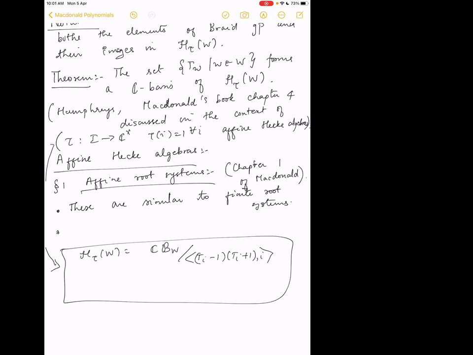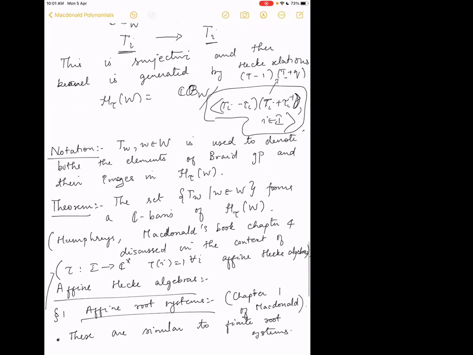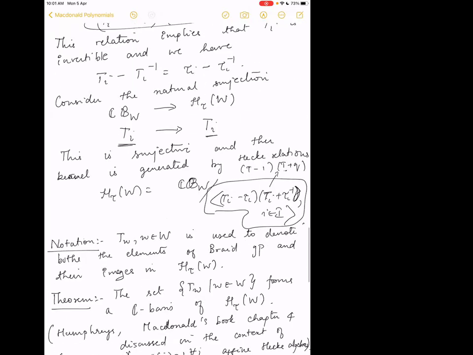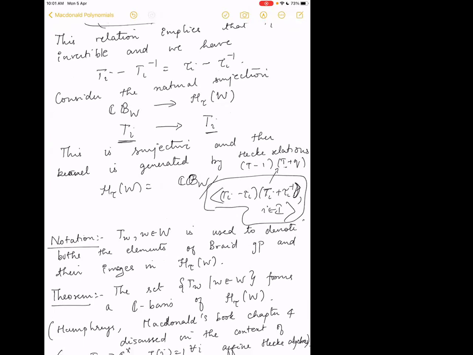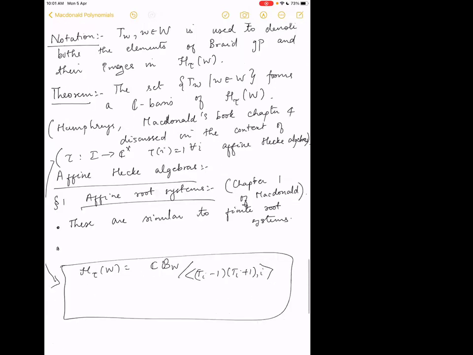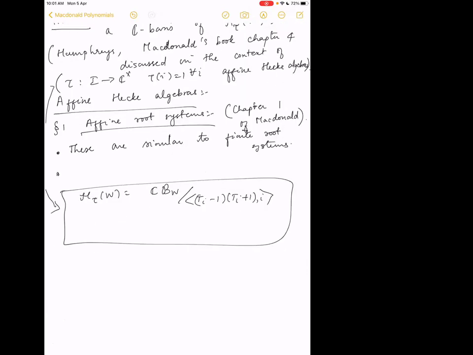Right? Okay, got it. I read your T's and taus incorrectly. Sorry, thank you. Fine. Yeah, exactly. So when tau is identically 1, the Hecke algebra that you get with respect to that parameter tau is the group algebra of the Coxeter group.